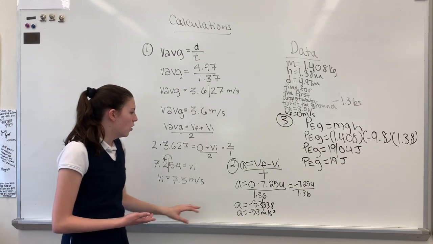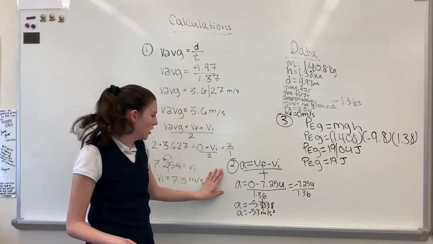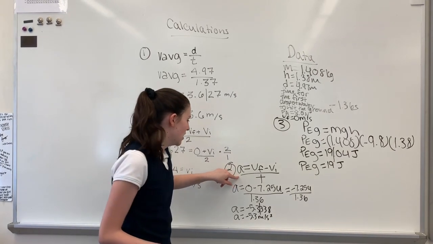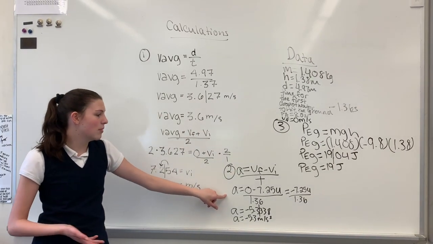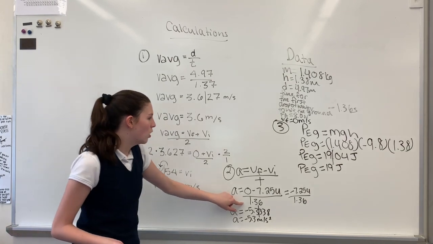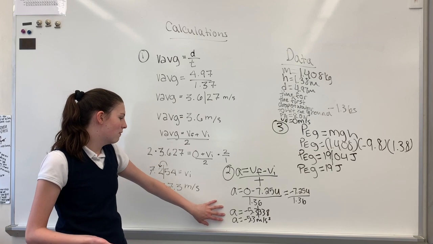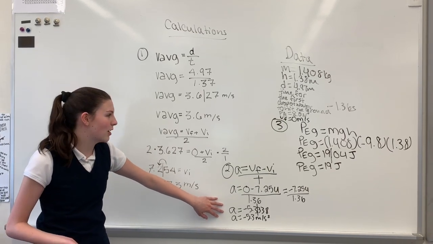Then from there, we can calculate our acceleration of the water, which is A equals VF minus VI over T. So A equals 0 minus 7.254 over 1.36, and then you get negative 5.3 meters per second squared.